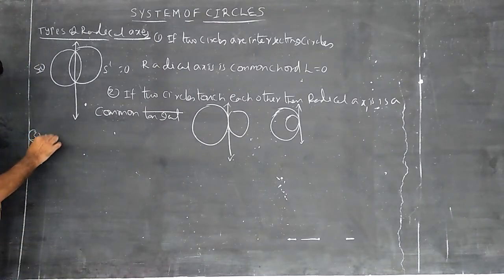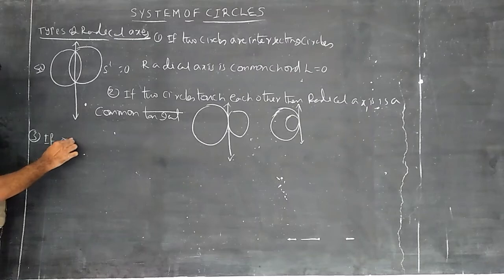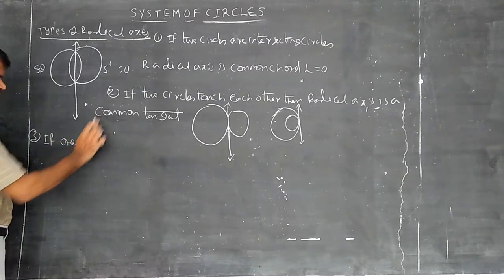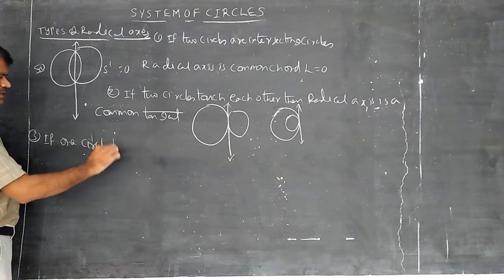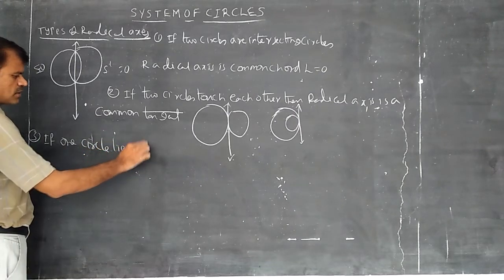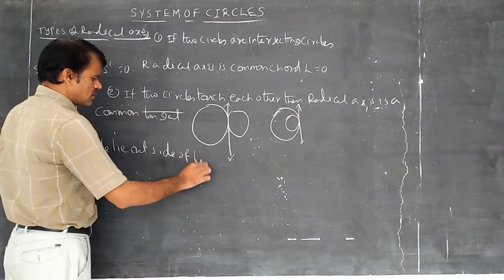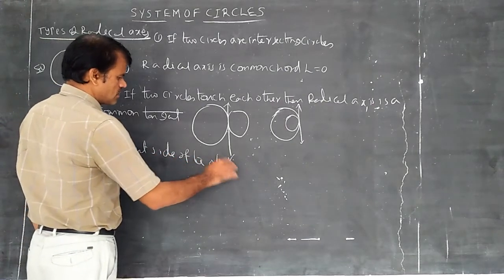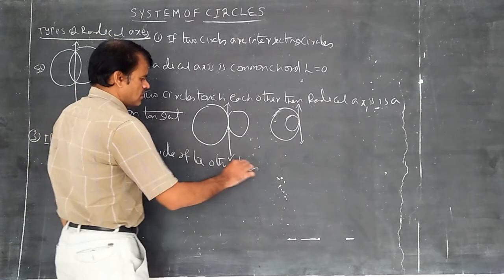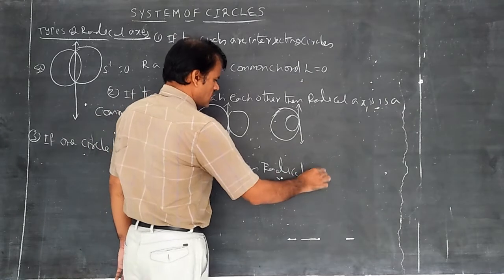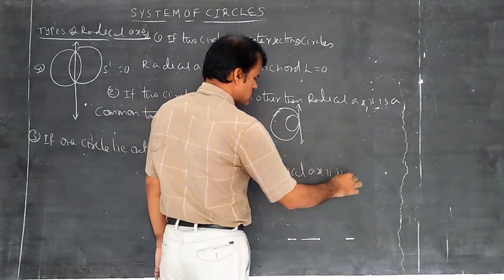Third one, if one circle lies outside of the other, then the radical axis is a straight line.